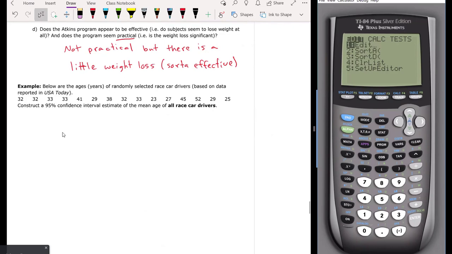We want to do edit, and then we want to put in our data. 32. Let me just go ahead and put this stuff in here. Should have already had it in for y'all.